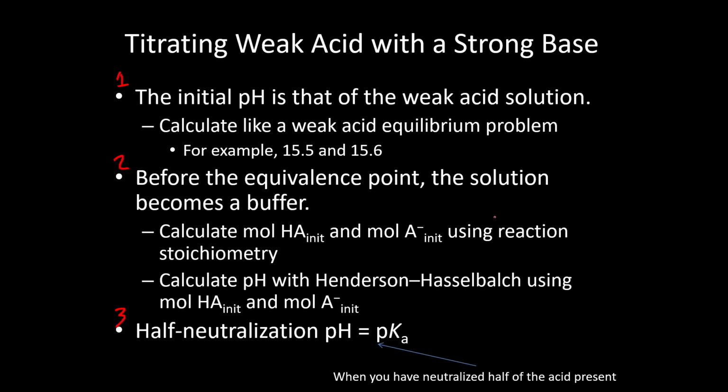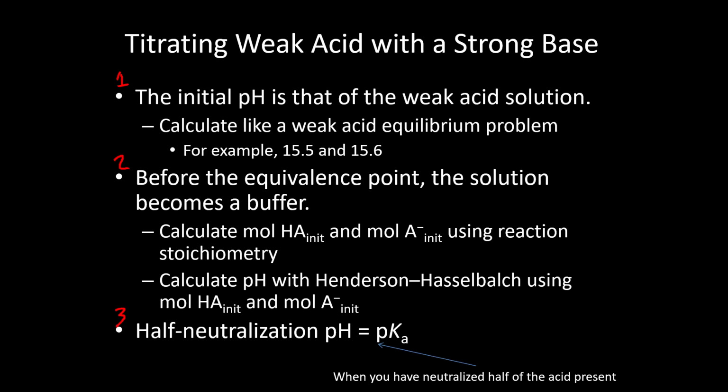So what I will do on the exam is I will either just pick one of these at random and have you solve for the pH at a certain point in the titration. So I would give you enough data to find the pH at that point. Or I will give you a question where I list all 5 of these, and you have to tell me how you would solve to find the pH.